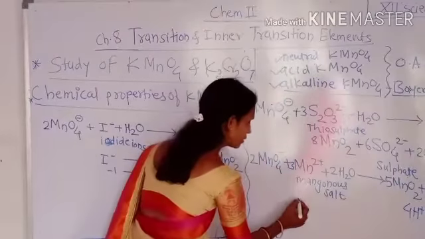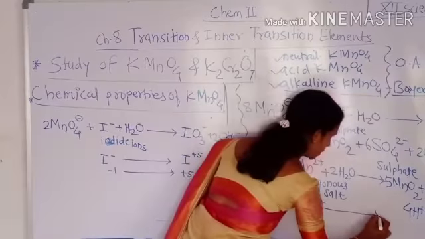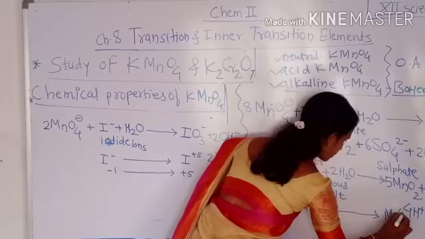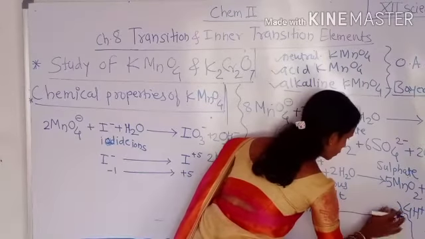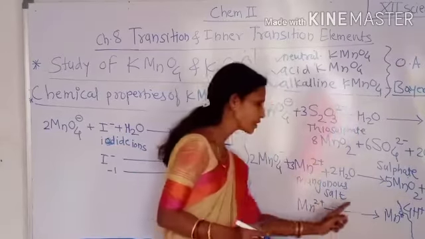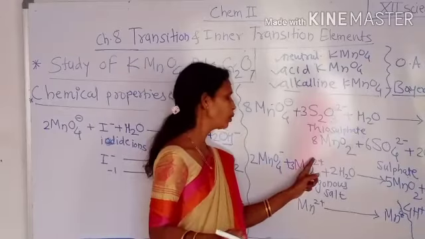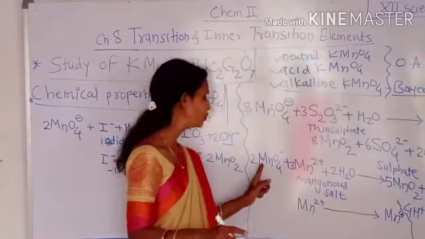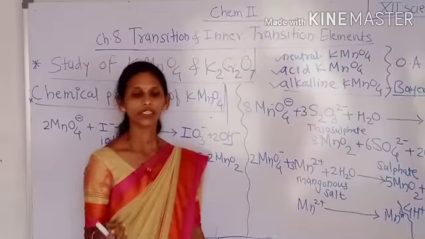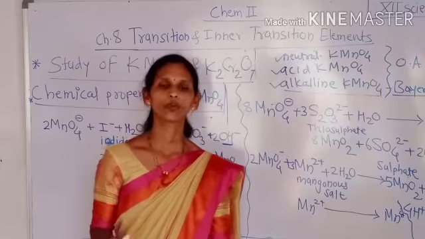That means here Mn2 plus ion is converted into Mn4 plus ion, that is, the oxidation number of manganese increases. Therefore, Mn2 plus ion undergoes oxidation due to the permanganate ion. That is about the oxidation process of different compounds or ions due to potassium permanganate.